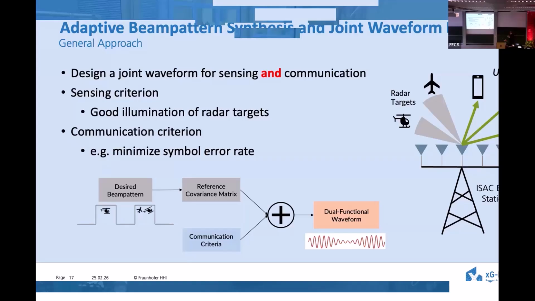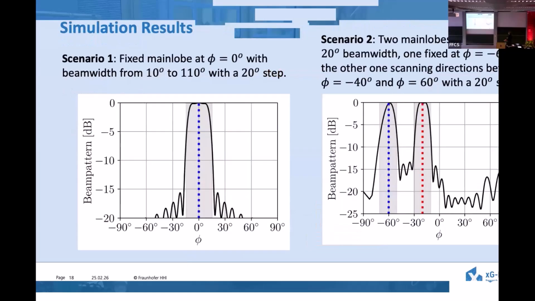So this is science fiction from the industry point of view. So the goal here is to come up with a new waveform to do this integrated sensing and communication.